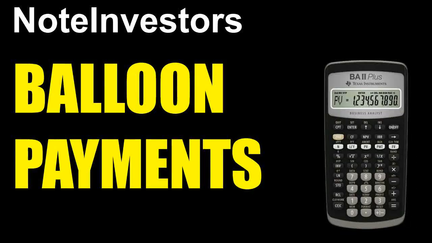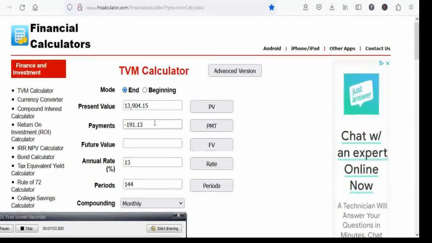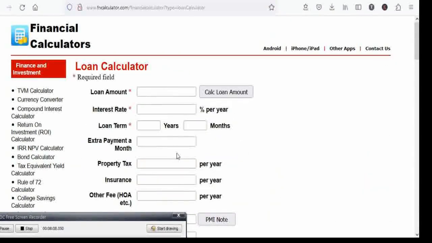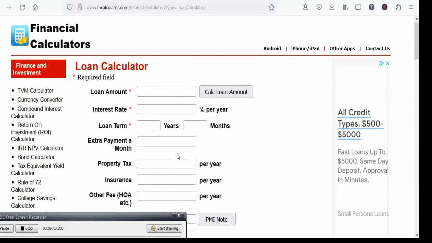Now, let's talk about balloon payments. If there is a balloon payment written into the mortgage note, you'll construct your offers by entering the balloon payment amount into the future value field. So first, you'll need to determine the balloon payment amount. And for that, we will need an amortization schedule. So we go to the loan calculator. We plug in the loan amount.